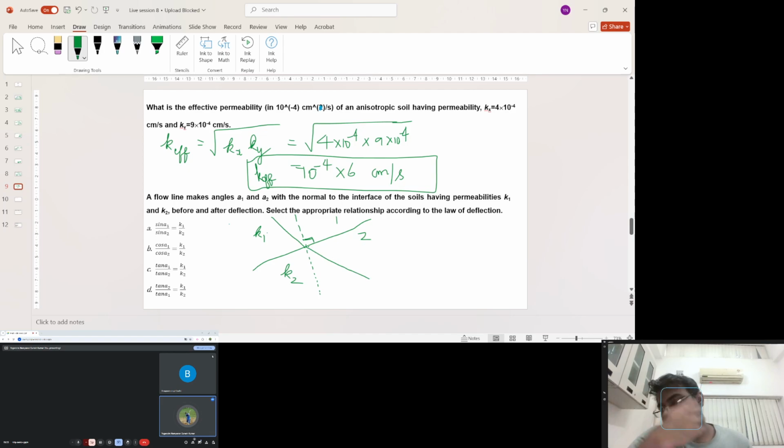Now what they are saying, with the normal to the interface, this angle is A1 and this angle is A2.